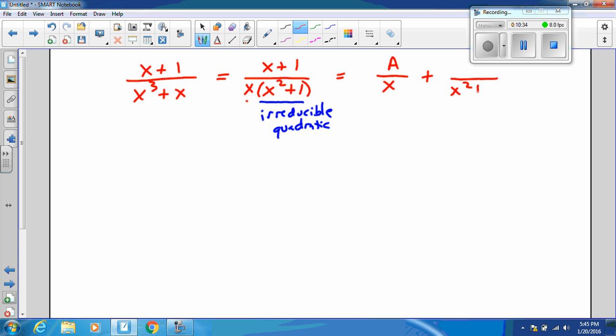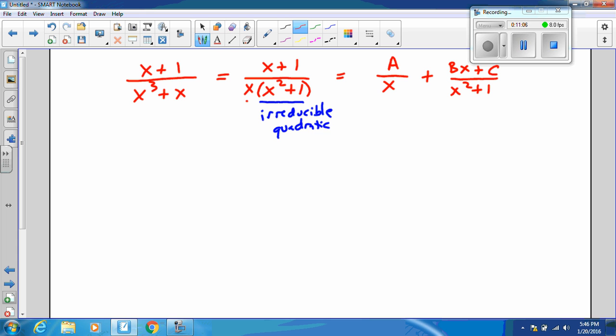For the second factor, it's entirely possible that this irreducible quadratic here could have a remainder that includes x. So for the irreducible quadratic, I'm going to write its numerator as potentially bx plus c. It may be that b is 0, but potentially bx plus c. So that is the slight variation that we have here with the irreducible quadratic.